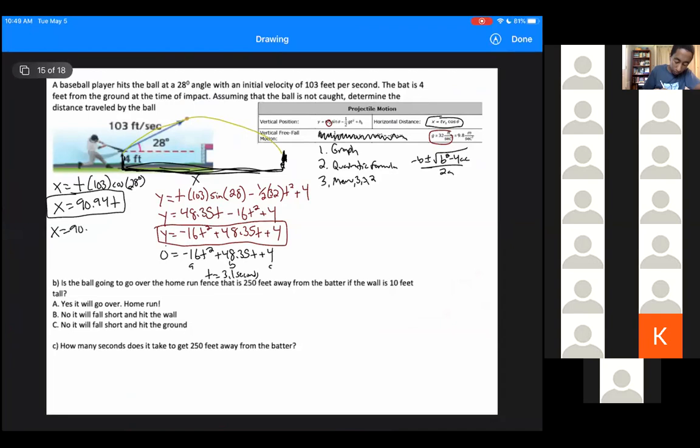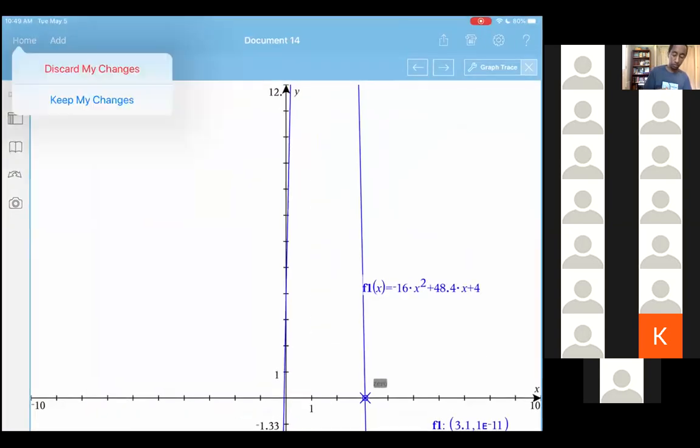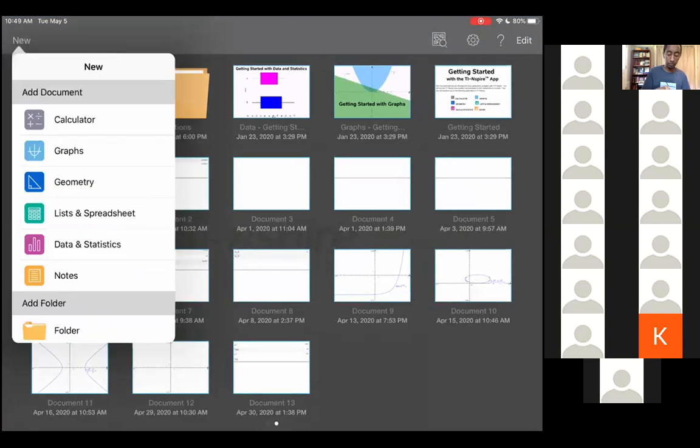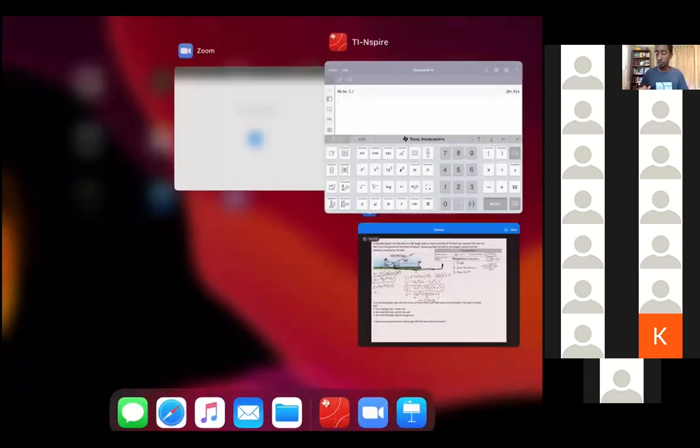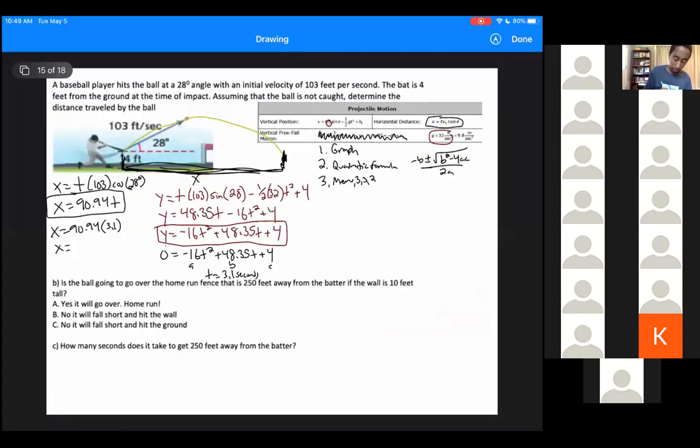X equals 90.94 times 3.1, and that will tell us 281.9 feet. That would be how far the ball has traveled.